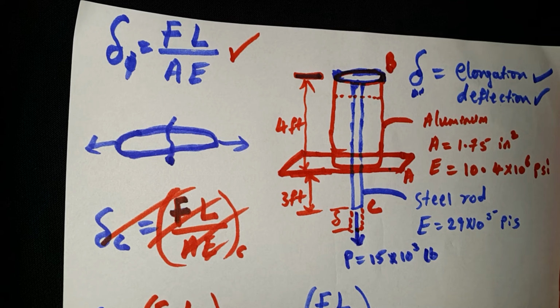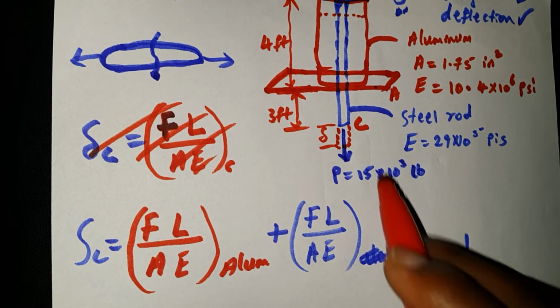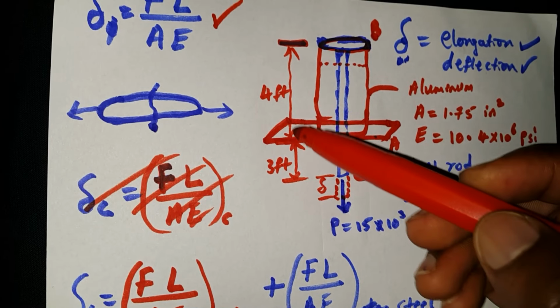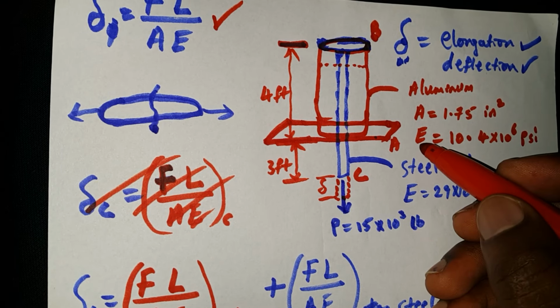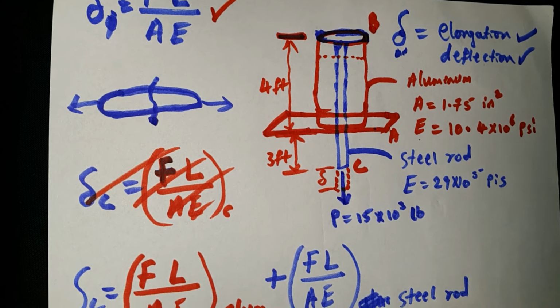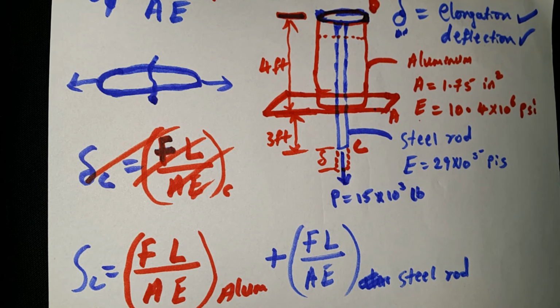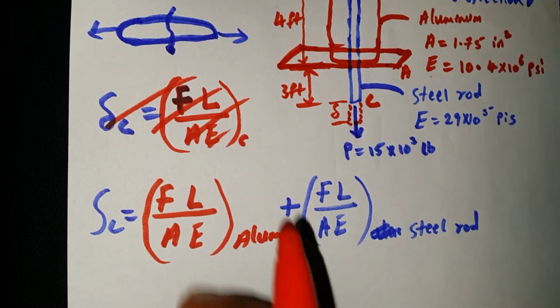Now we have everything. We will be given the force, we will be given the distance, we will be given the Young modulus of the members. Now that we have everything, we will try to solve this.